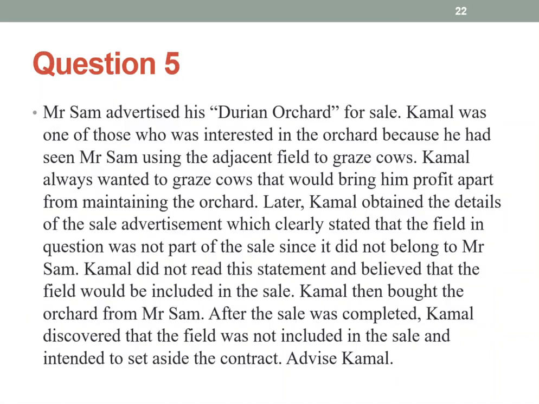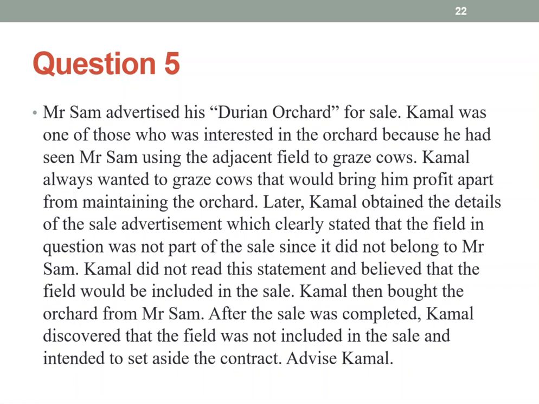All right, this is the last question for this area. Sam advertised his durian orchard for sale. Kamal was one of those who was interested in the orchard because he had seen Mr. Sam using the adjacent field to graze cows. Kamal also wanted to graze cows, which would bring him profit apart from maintaining the orchard.